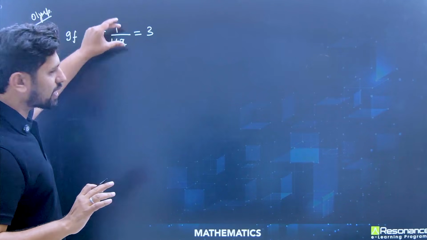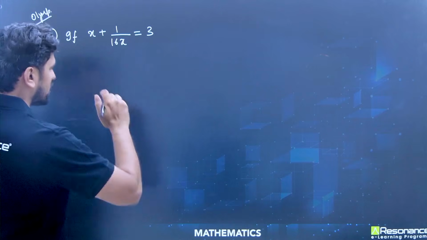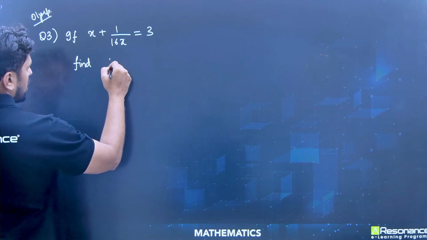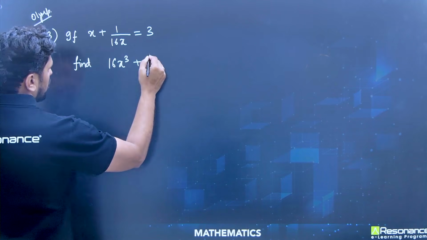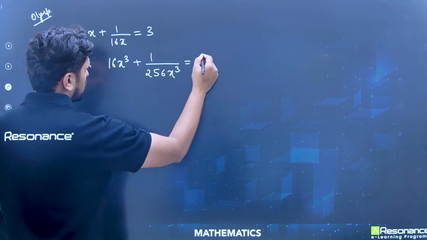Understanding? x plus 1 upon 16x, not only x. 16 times x is given as 3. Find 16x cube plus 1 upon 256x cube value.